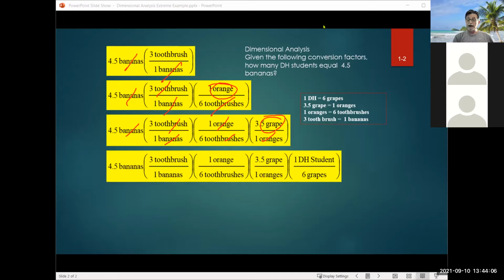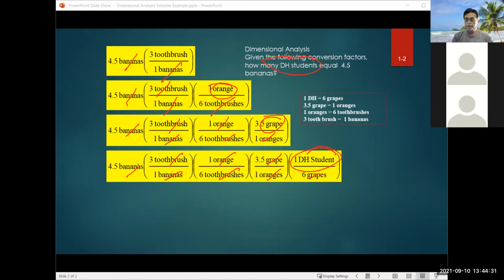And finally I have a conversion factor where 1 DH student is equal to 6 grapes. I check my units again, making sure everything cancels. I am finally at the units I need, because that's what the question asks for.